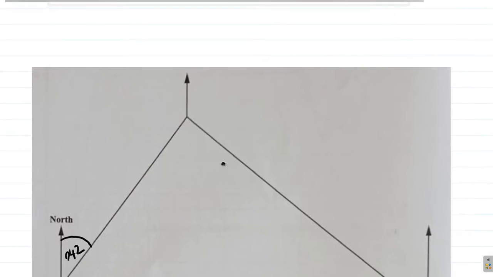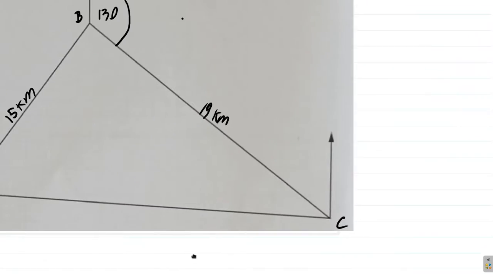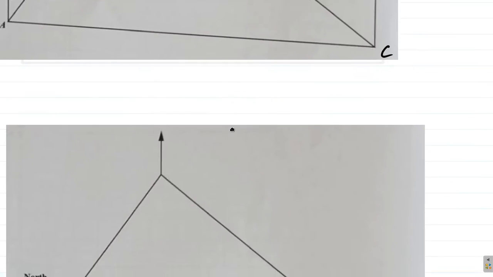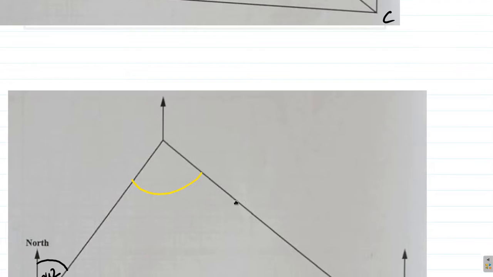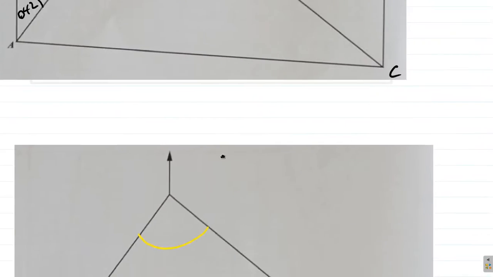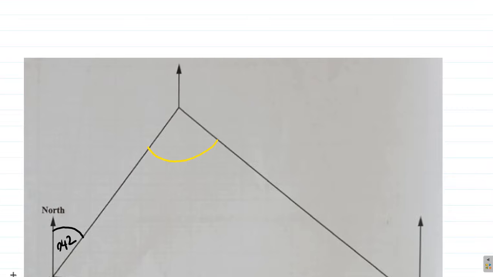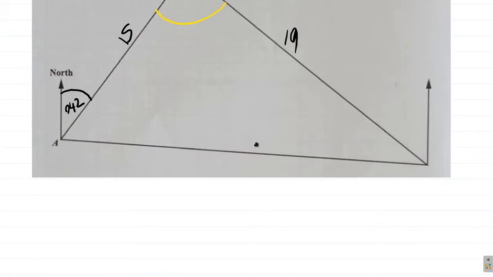Alright, let's concentrate on the 42 here. We need to know this angle, because you see, if we have this angle, like this 15 kilometer and this 19 kilometer, we could use the cosine rule.